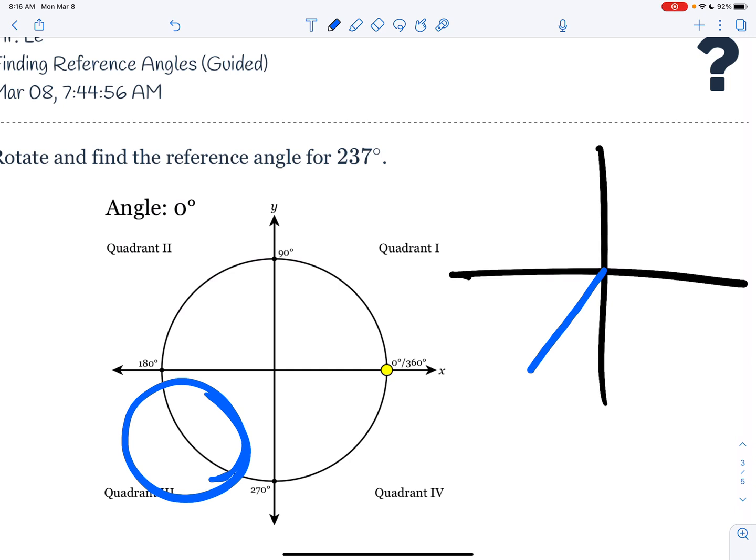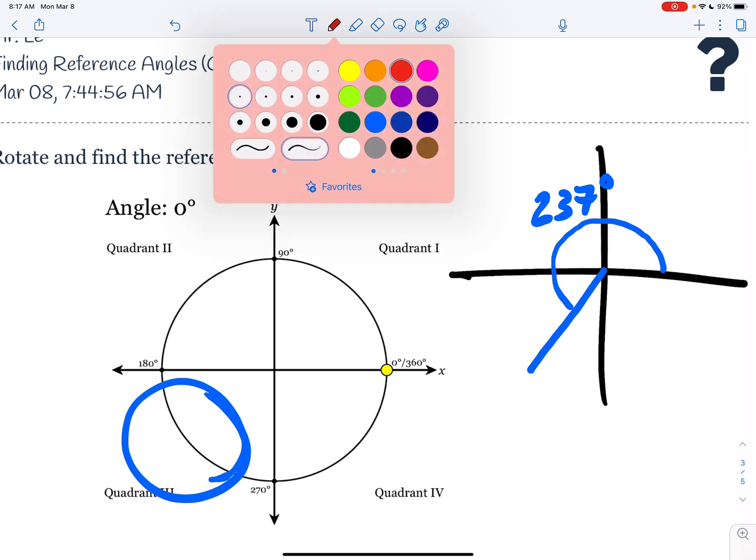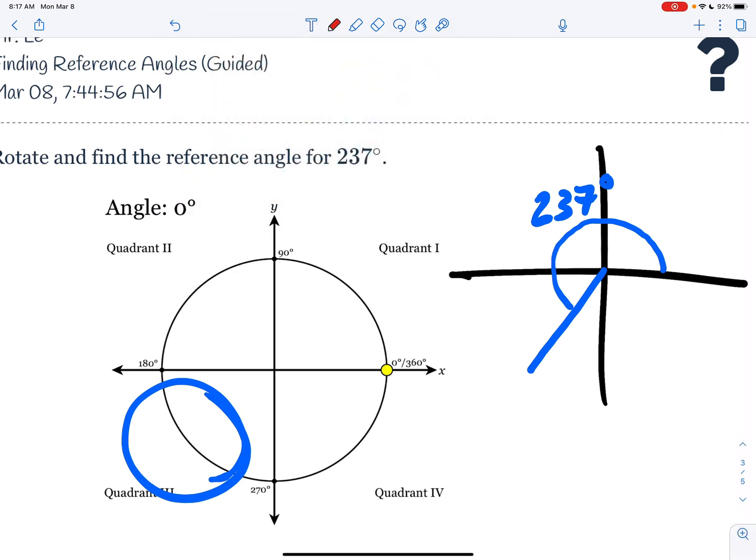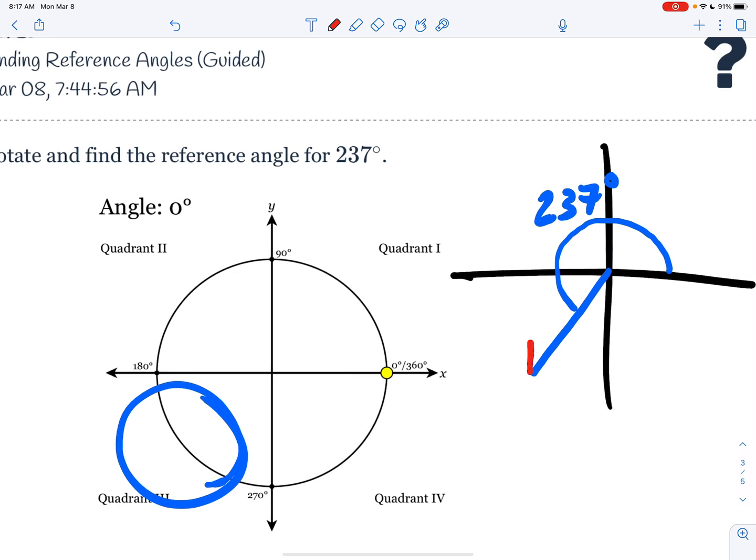So I'll even illustrate it. This right here is 237 degrees. Okay. Now remember, the most important step when you draw your triangle, you always hug the x-axis. So it makes sense to go upwards to hug the x-axis. Okay.